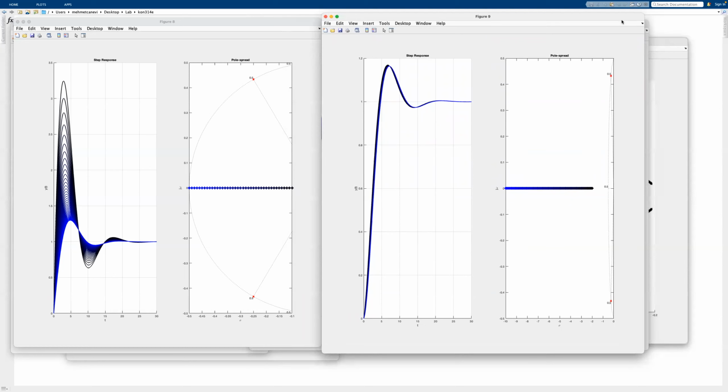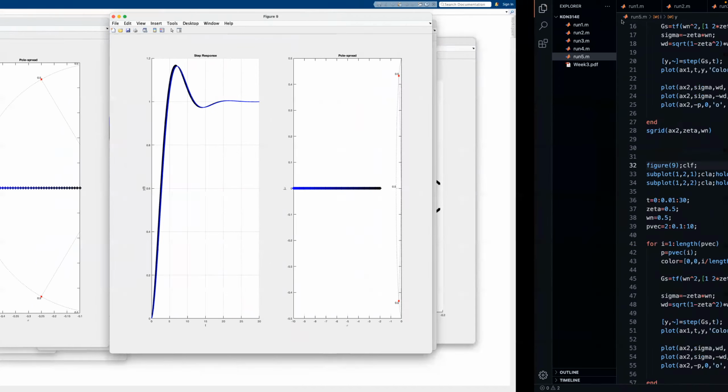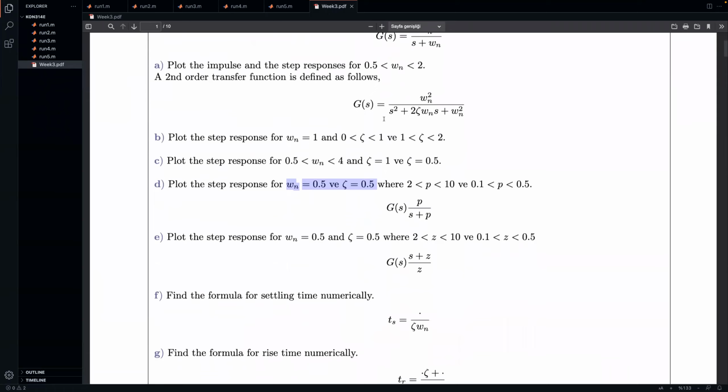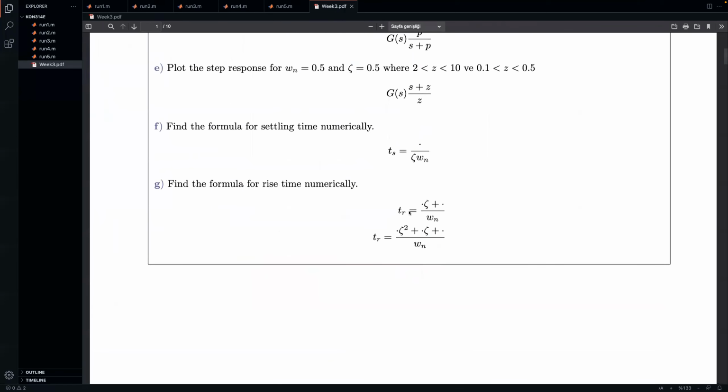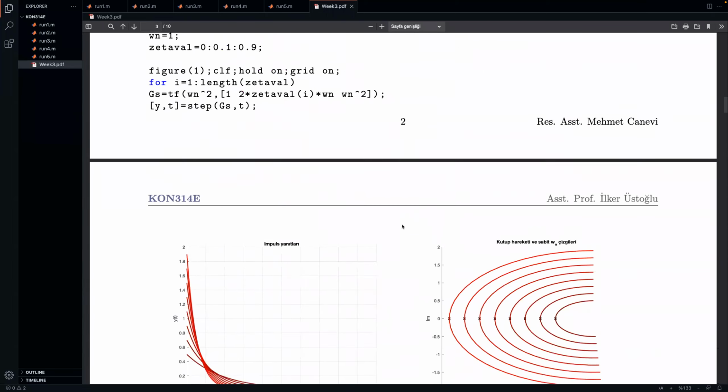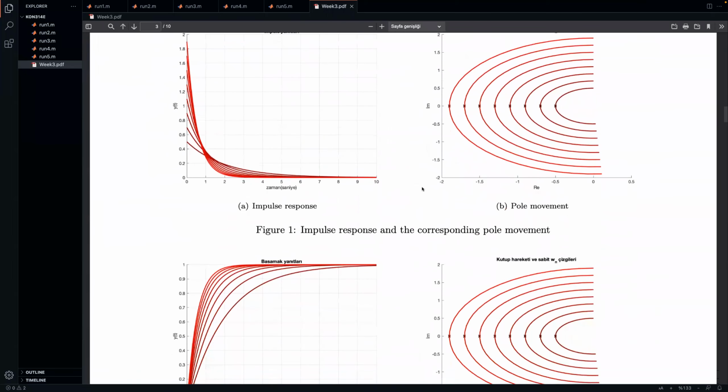This was actually what I wanted to talk about: zeros, poles, zeta, and omega n. But we have this last portion here, so let me show you and recap the whole lecture of today. I want to show you this piece too. Now, we looked at the first order system. This was the behavior of a first order system.